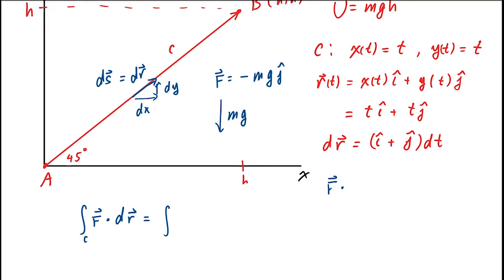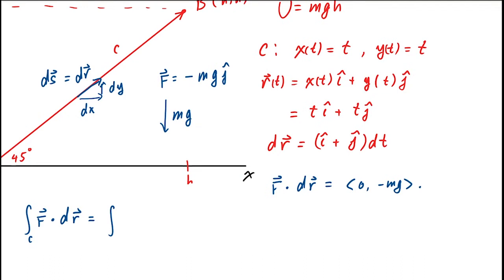F dot dr, in the component notation that you're more familiar with, is 0, negative mg, dotted with 1 dt. The first term is 0, and the second term is negative mg, and then we have dt. That's all we get.